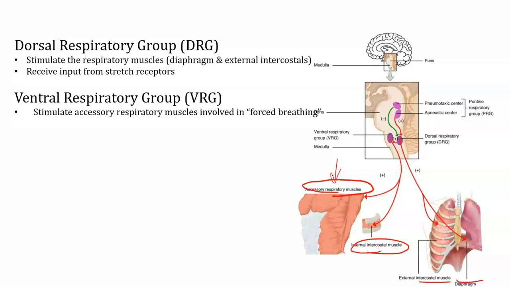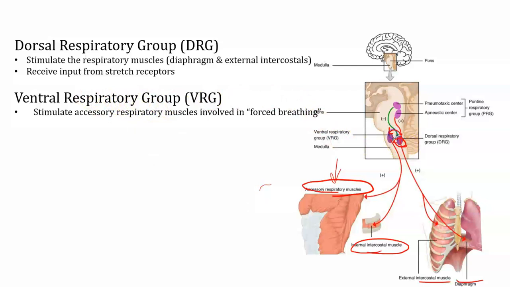You have the serratus anterior muscles, which can help pull back the ribs a little bit and pull the ribs up. There's a group called the scalenes, which are in your neck as well, and they can help to lift your chest up.